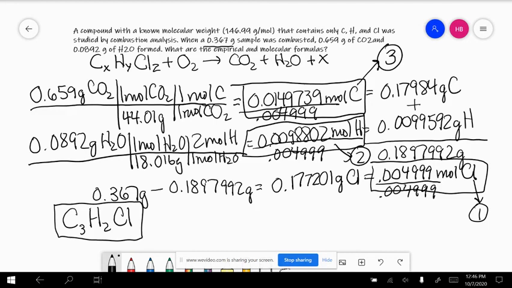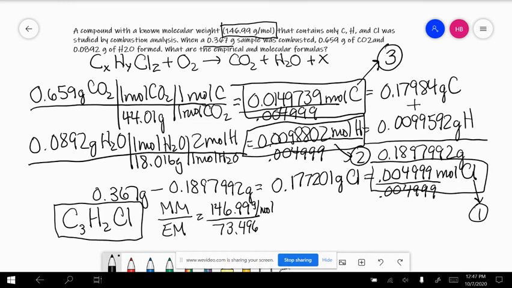Now, in order to get the molecular formula, I add up my empirical formula because the problem gave us the molecular mass. So remember, we compare the molecular mass to the empirical mass, and we get 146.99 given to us in the problem. And we're going to add up 3 carbons with 2 hydrogens and 1 chlorine for an empirical mass of 73.496.